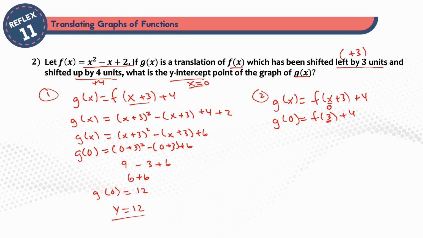So now we can substitute this 3 directly into my f of x function. So we can have g of 0 equals 3 squared minus 3 plus 2 plus 4. And then we can just evaluate this. So we have g of 0 equals 9 minus 3 plus 6. So then that's also going to leave me with 6 plus 6, which is my y-intercept is equal to 12.